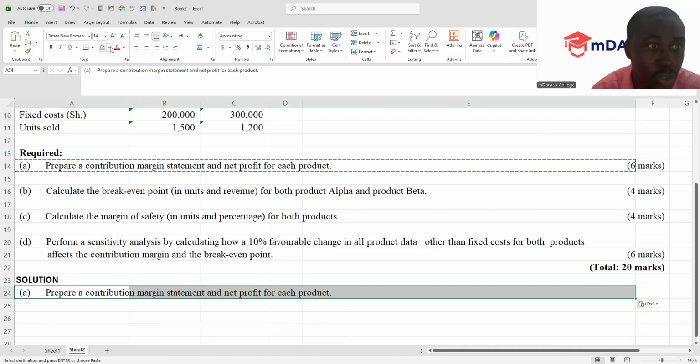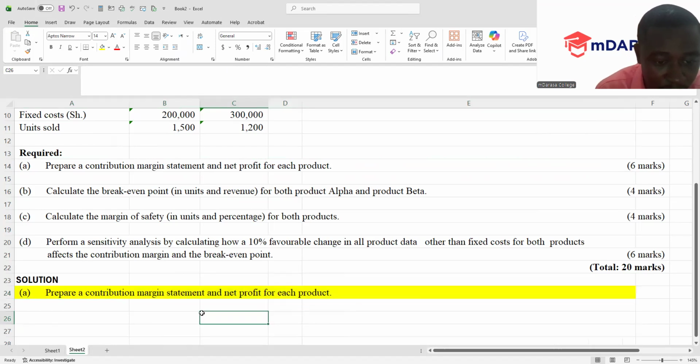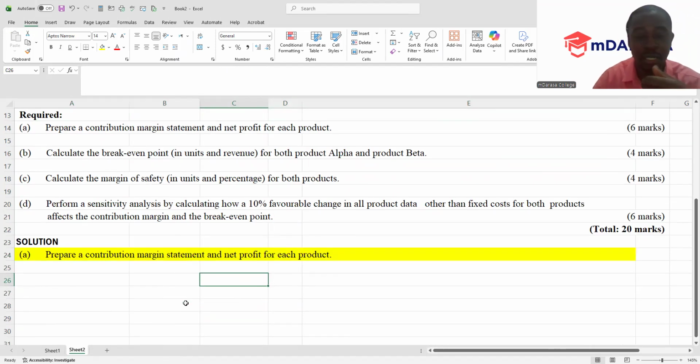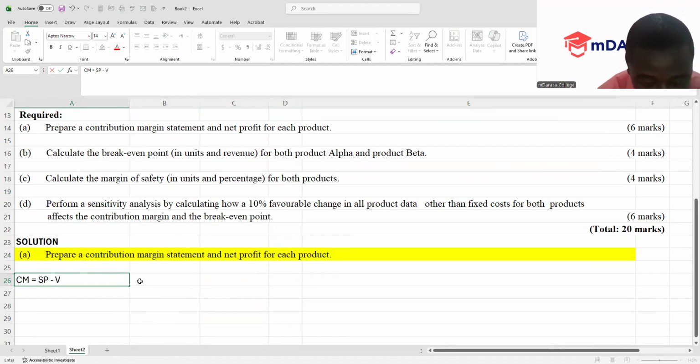So we're required to prepare the contribution margin statement and the net profit for each product. It is important to recall the stages that Mwalimu had taken us through, whereby anytime you talk about contribution margin, all we should always recall is selling price per unit minus variable cost per unit.